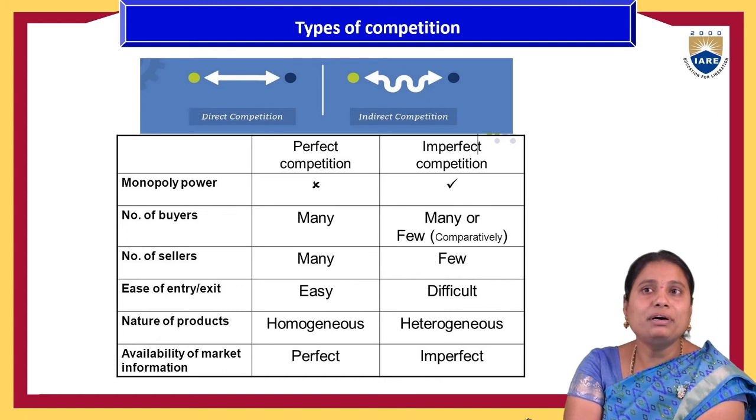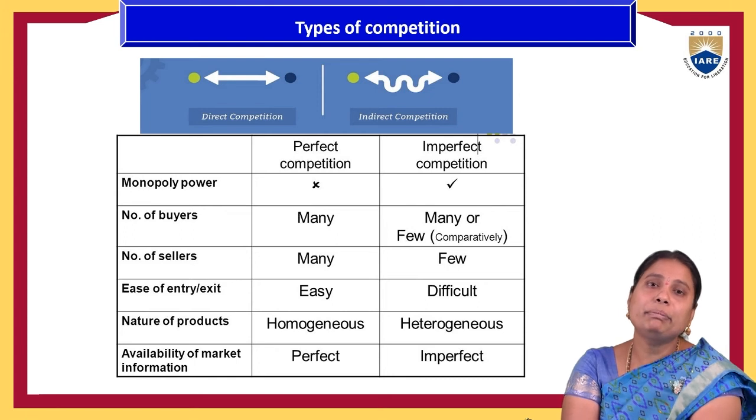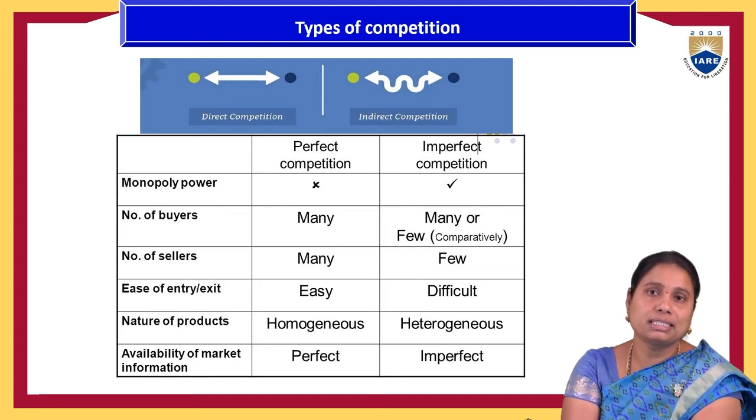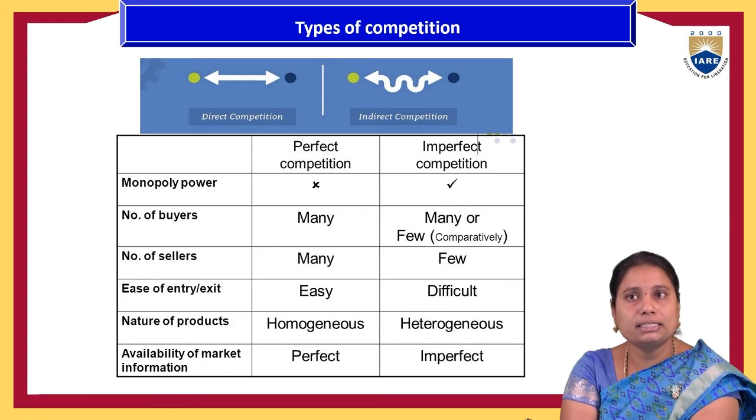But in the imperfect market, if the number of sellers is many, then the number of buyers may be few, or if the number of buyers is many, the number of sellers might be few. So there is an imbalance between the sellers and buyers, and then the market condition is called an imperfect competition market.